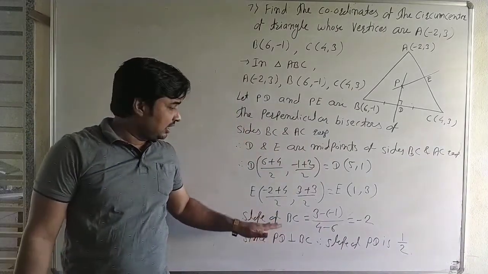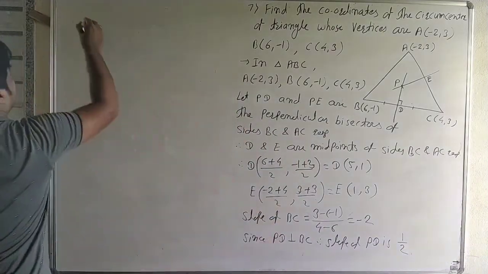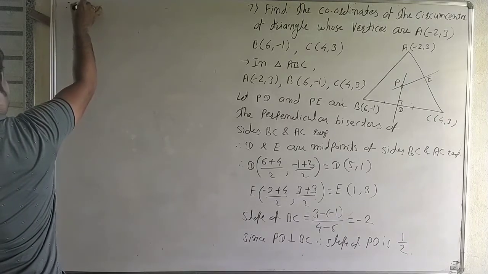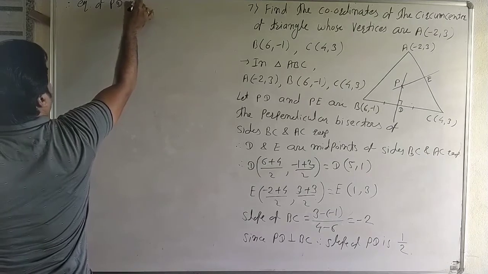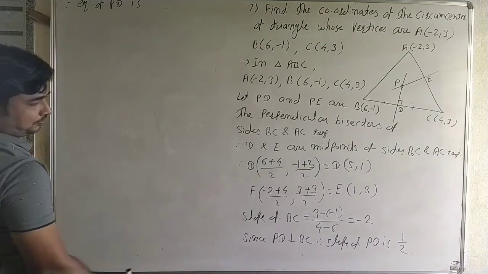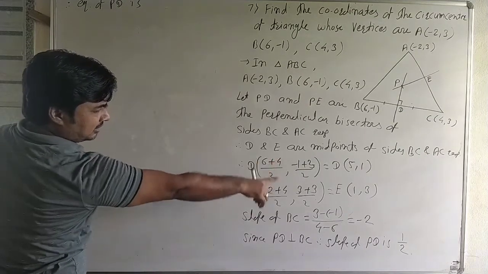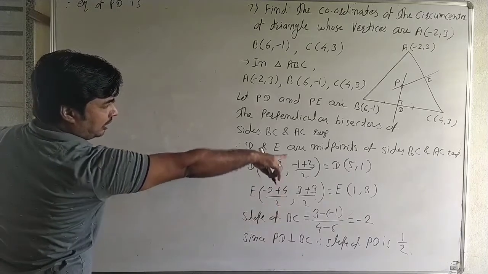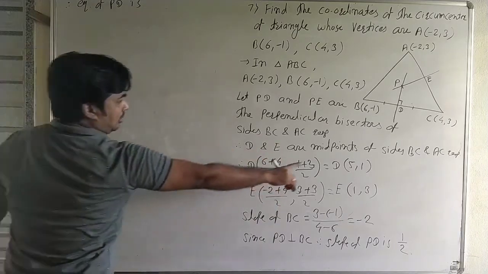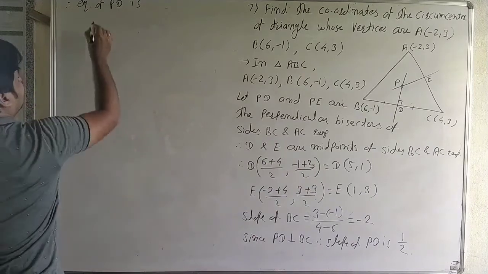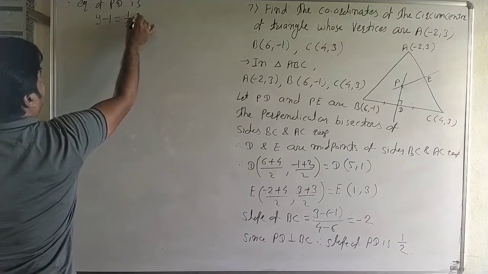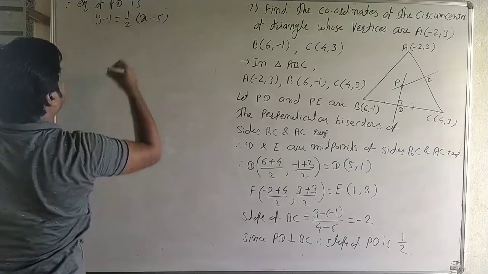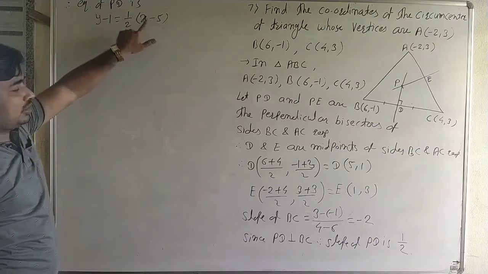Now we find the equation of line PD. The slope of PD is 1 by 2 and it passes through point D (5, 1). Therefore y minus 1 is equal to slope into x minus 5, that is y minus y1 equals m into x minus x1.